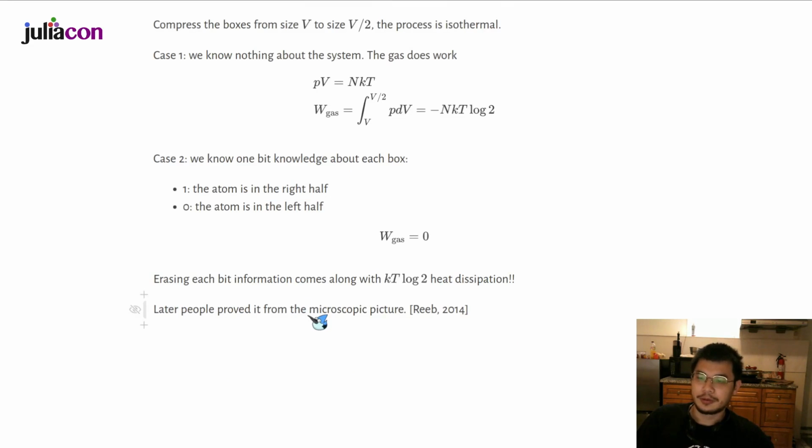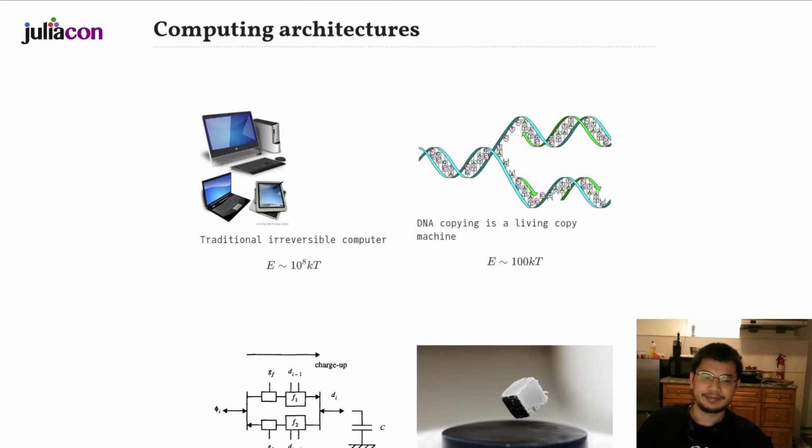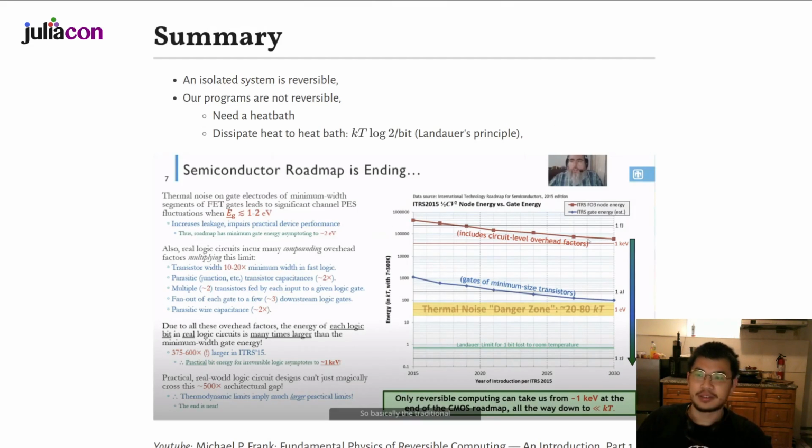Later, people proved Landauer's principle rigorously from quantum dynamics. Here, we summarize the first part a bit. We show an isolated system must be reversible, and our programs are not reversible. As a result, we need a heat bath, and each irreversible statement requires dissipating some heat to the environment.